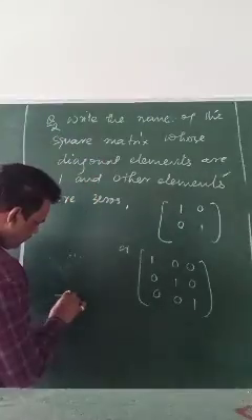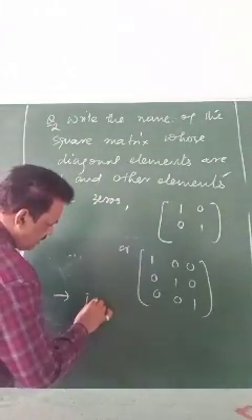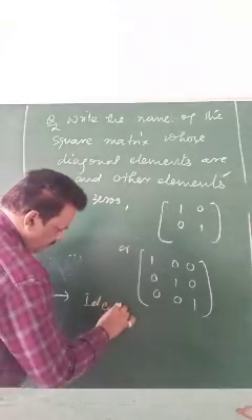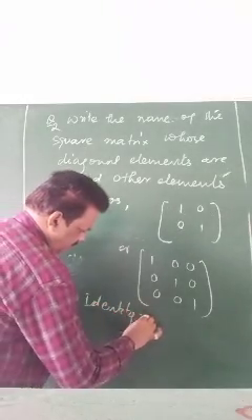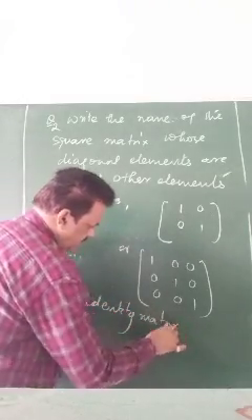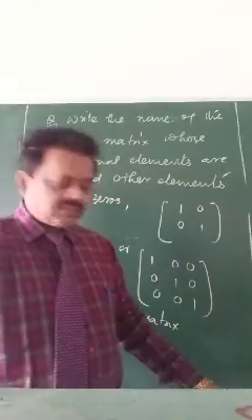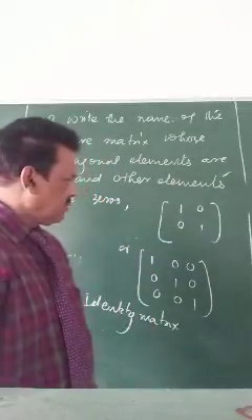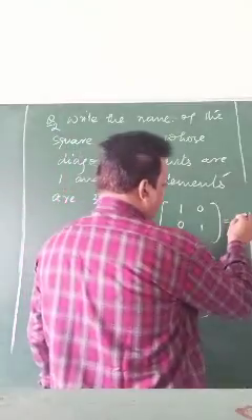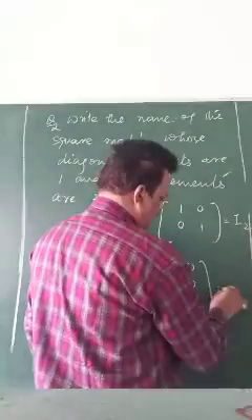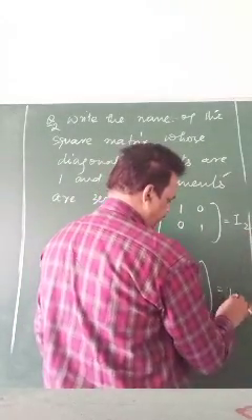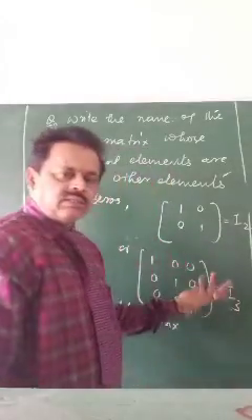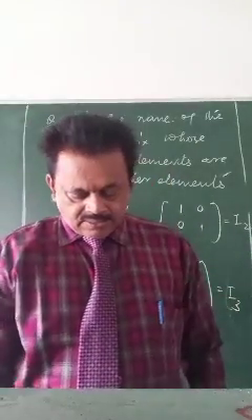What is your answer? Identity matrix. Simply I would write identity matrix. This is I2 of order 2, this is I3. We use this very frequently.